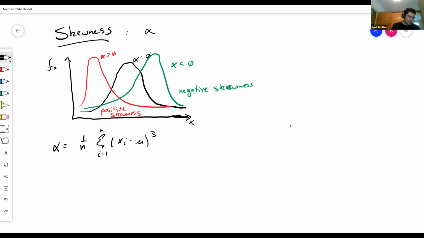However, if we want an unbiased estimator based on a sample, and we don't know mu, for example, then A would be our sample skewness. And alpha is our population skewness.